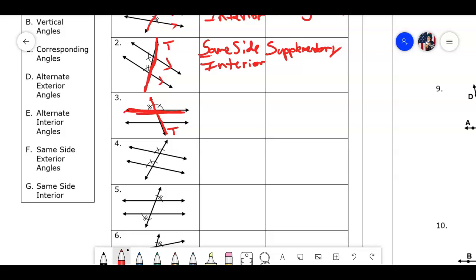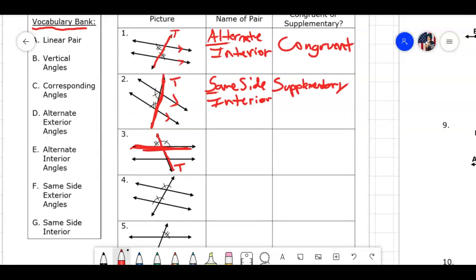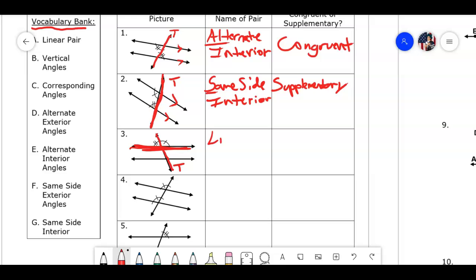When you have two angles right next to each other that make a straight line, if you look at your answer choices, these are a linear pair, which is answer A. Alternate interior was E. Same side interior is G. Now, a linear pair, if it makes a straight line of 180 degrees, that's definitely supplementary.